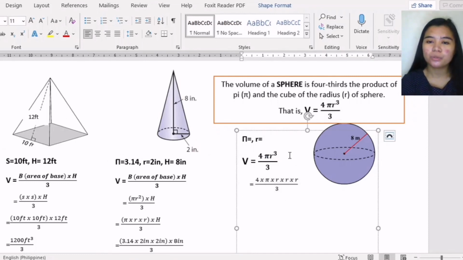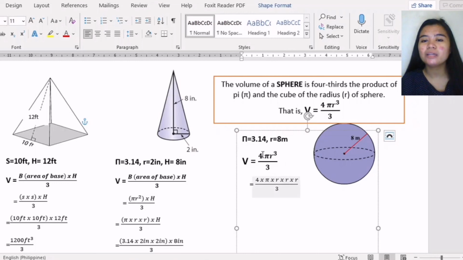Ayan. So, ito yung binigay na sphere. Ayan. So, ibigay natin ang value ng pi, which is 3.14. And then, yung radius, nakalagay dyan, that is 8 meters. Ayan. And then, let's substitute it for the given formula. Ayan.